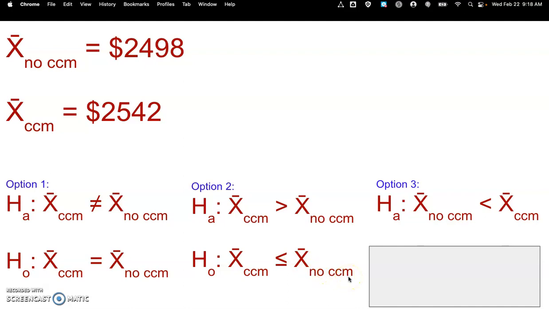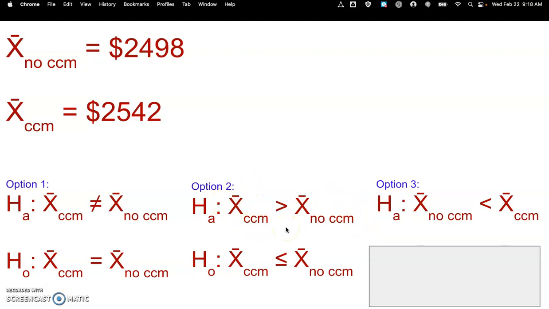Again, this is confusing because 2,542 is not less than or equal to 2,498. But what we're really saying here when we're making this hypothesis is we're hypothesizing that the alternative hypothesis above could be incorrect.